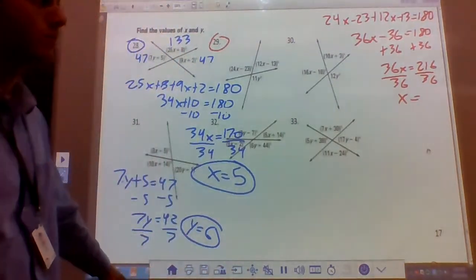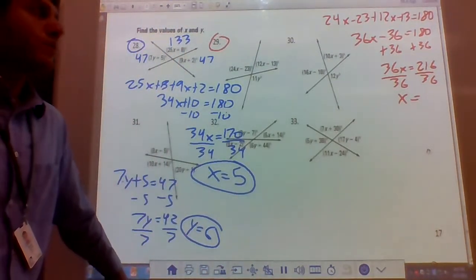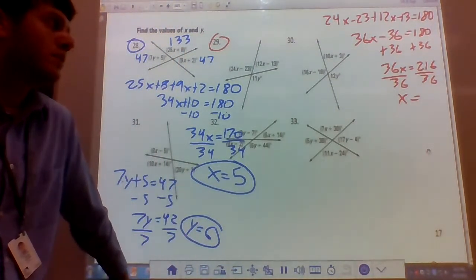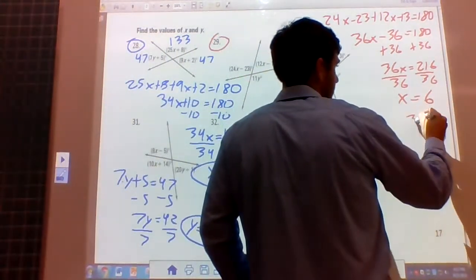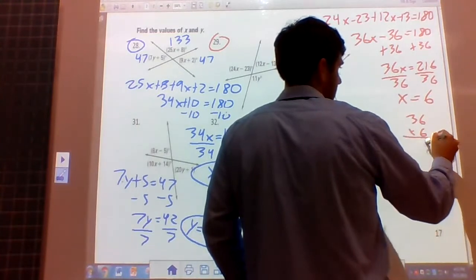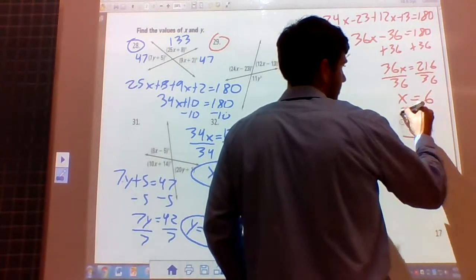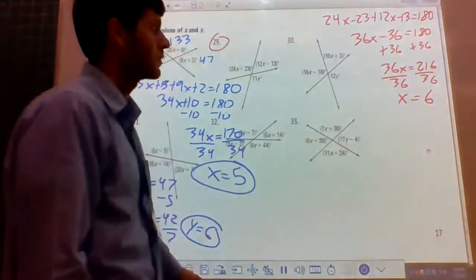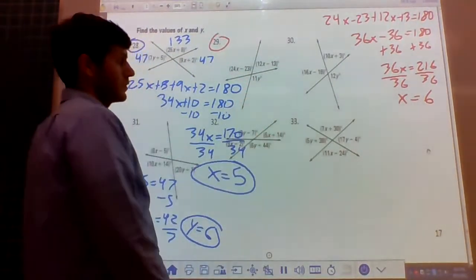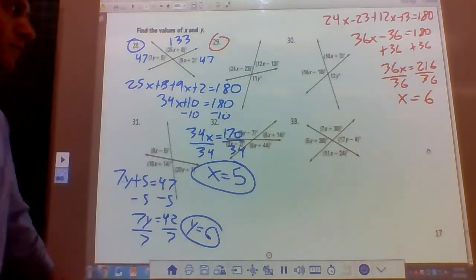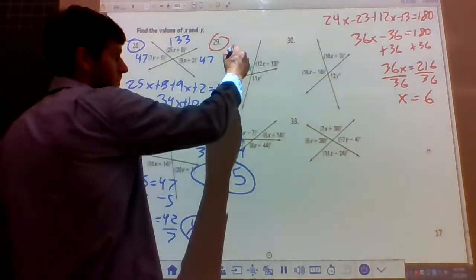So 18 goes. So that's 5, 6, right? I believe it's 6. Yep. Okay, we can substitute it back in. 24 times 6, so that's going to be 144.